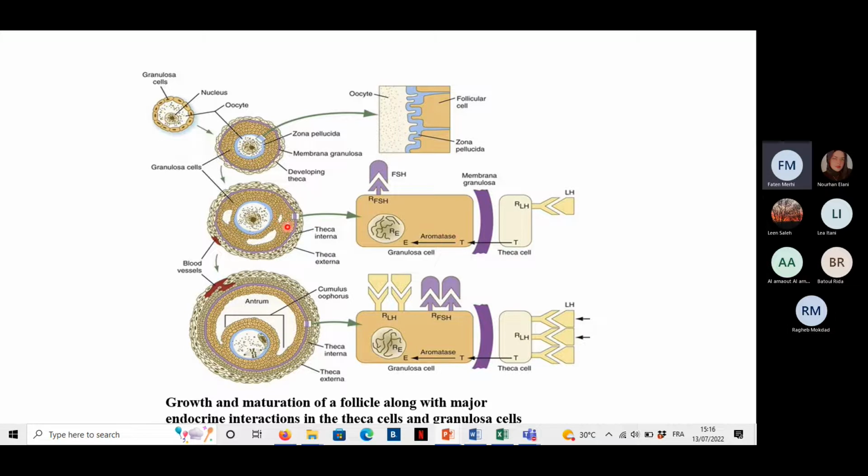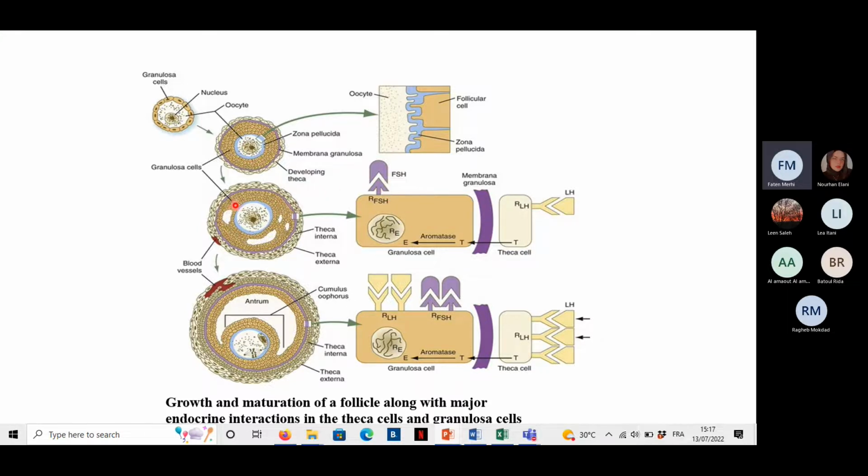Here in the early antral follicle, we can see that we have the theca cells, then we have the membrane of Slavjansky, or the basement membrane, called here the membrana granulosa, and here we have the granulosa cells. And at this stage, in the late pre-antral, the cells start to express LH receptors on the theca cells and FSH receptors on the granulosa cells.